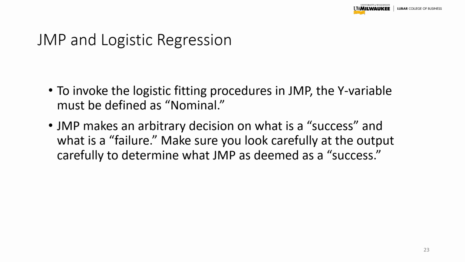Now, JMP is not going to know what is success, what is failure, will not understand 1 versus 0 once they are turned to labels. So make sure you have JMP realize what success is from what you deem success to be.